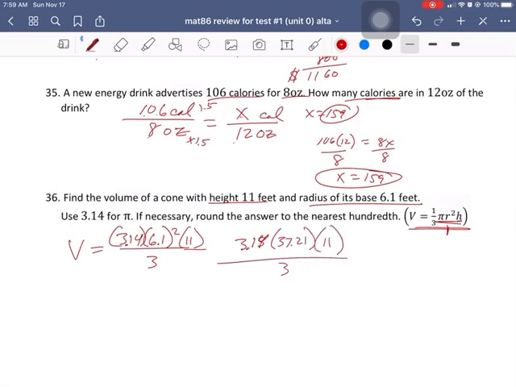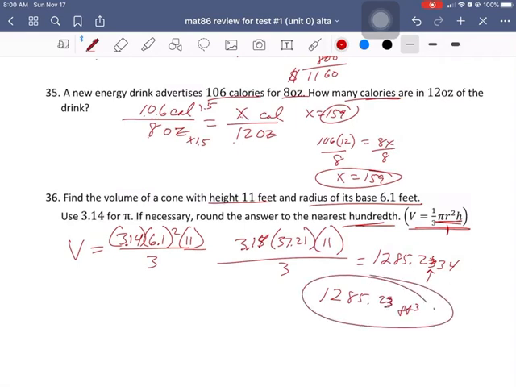All right, multiply all that, divide by 3, and you're going to get this number. Oops. And I think it keeps going, but apparently I need to round it to the hundredths, which is here. So my final answer, and a volume is in cubic feet. Okay.